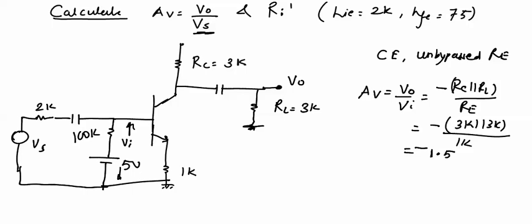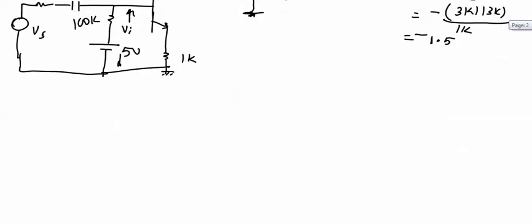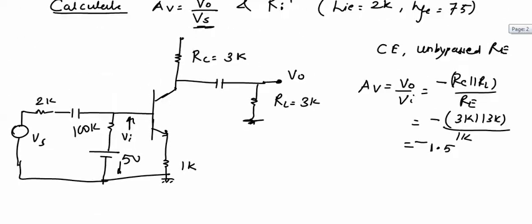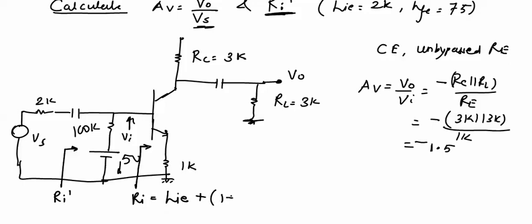Now in this problem we are asked to calculate AV equal to V0 upon Vs. For this we will require this input resistance Ri. This Ri dash which is given in the problem is this resistance. This Ri, just now we have seen the equation HIE plus 1 plus HFE into Re will be 2K plus 1 plus 75 into 1K.